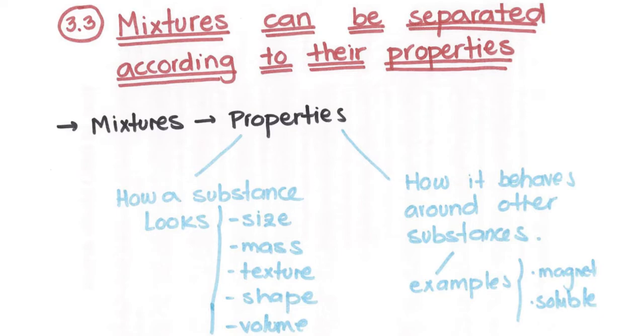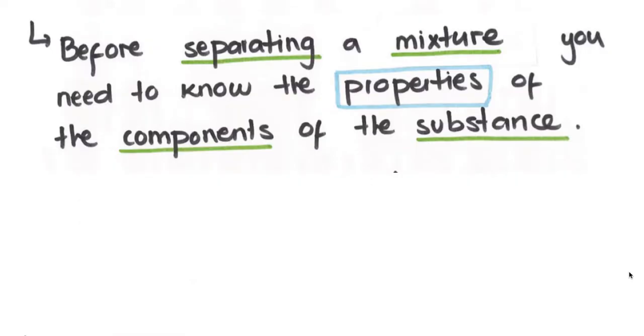One is whether they are magnetic, and the other one is whether they are soluble. I just noticed that this word didn't come complete, so I'm just going to complete it here. Magnetic. Okay, fantastic.